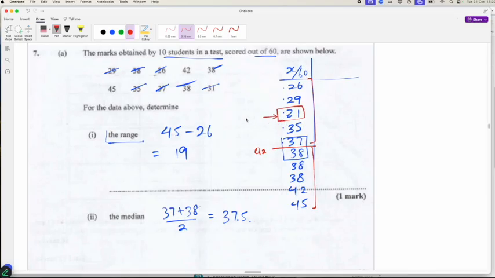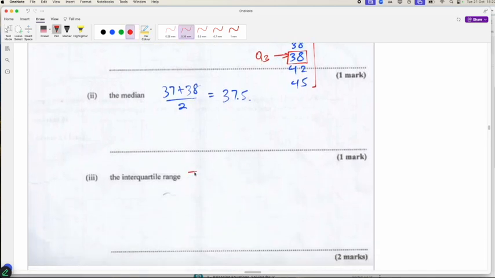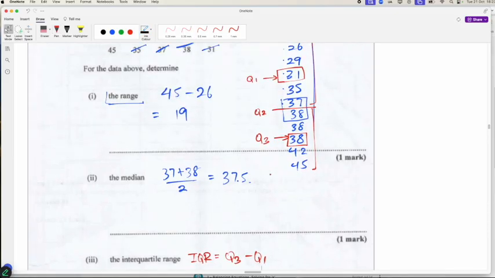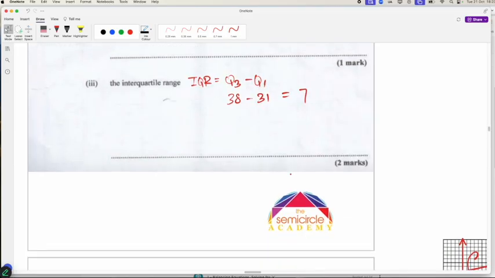Q1 will just be here. And then the middle of this will be here. So the interquartile range will be Q3 minus Q1, which is 38 minus 31. I can't believe I'm going to my calculator to do this. Thank you very much.